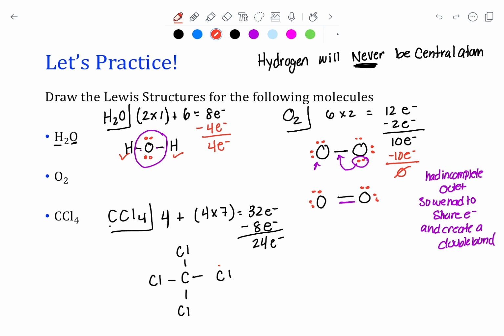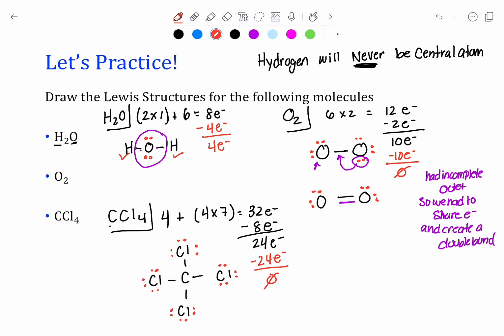So we're going to place them as lone pairs. 1, 2, 3, 4, 5, 6, 7, 8, 9, 10, 11, 12, 13, 14, 15, 16, 17, 18, 19, 20, 21, 22, 23, 24. So I used up all 24 of my electrons to complete the octets of my chlorines.